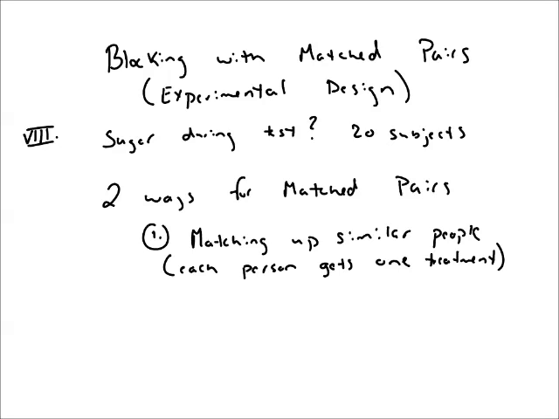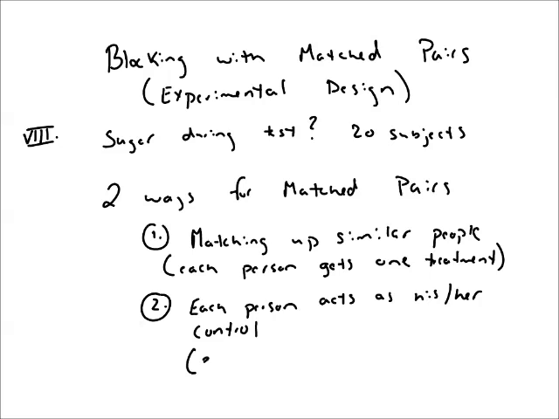So one person will get a placebo, the other one will get a treatment. Okay, and you randomly decide who gets which one. The second way is each person acts as his or her own control. In other words, each person gets 2 treatments.